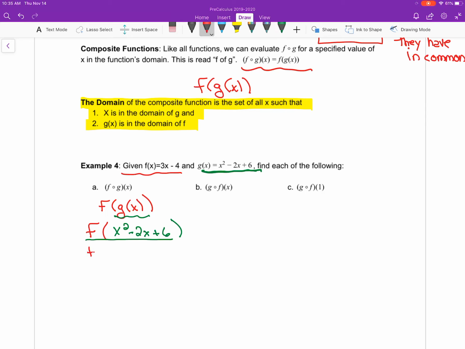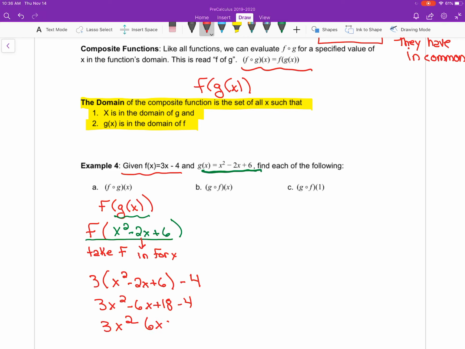So I am going to take f and substitute in x squared minus 2x plus 6 minus 4. So I'm taking f and substituting that in for x. Distribute, you get 3x squared minus 6x plus 18 minus 4. My final answer is 3x squared minus 6x plus 14.